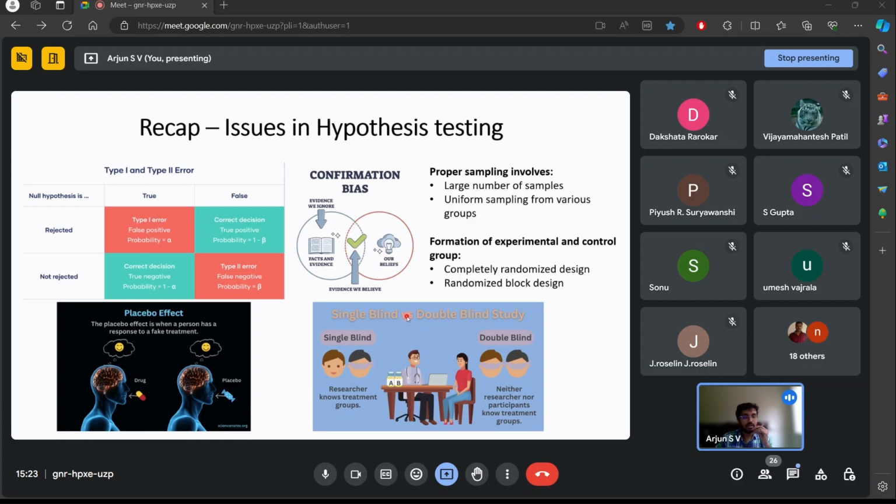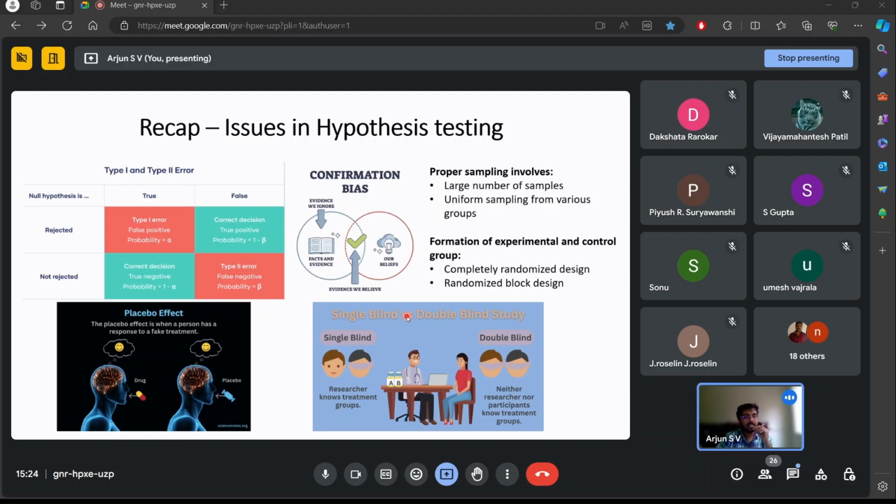I can purposefully take more healthy people toward my experimental side, and even though the drug doesn't work, I can say the drug works because people are healthy. Then I can push less healthy people toward the control side, and say that without my drug these people aren't recovering, so we need the drug to proceed. These kinds of biases should be eliminated, and that's why a single blind study is conducted.